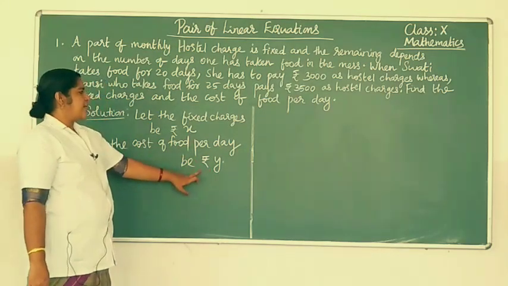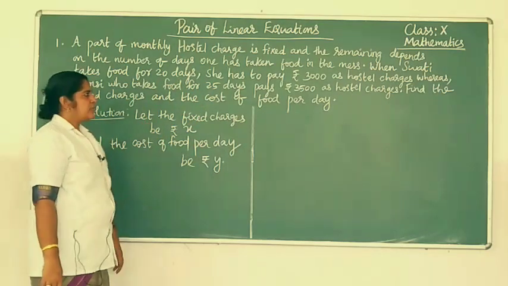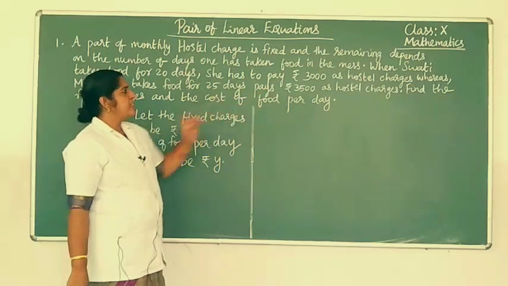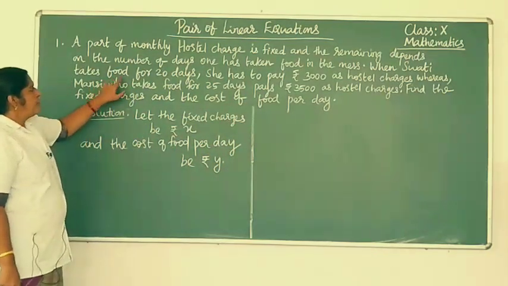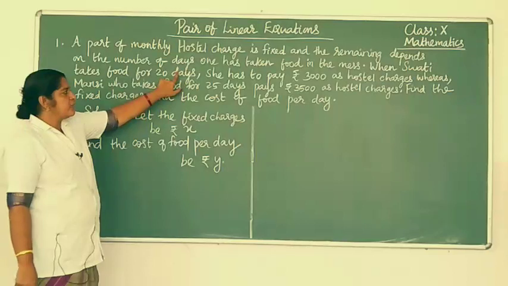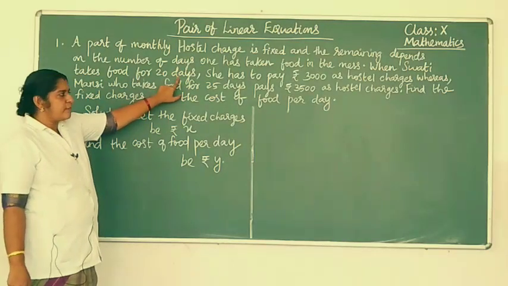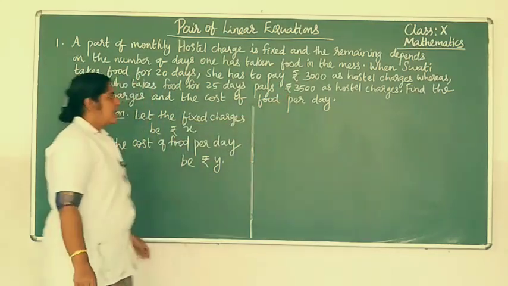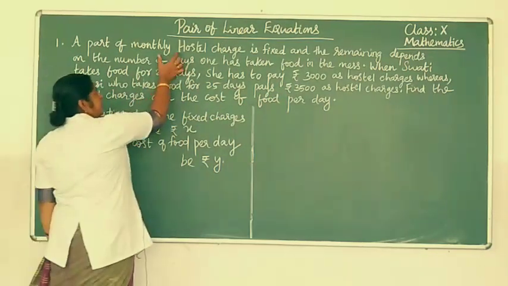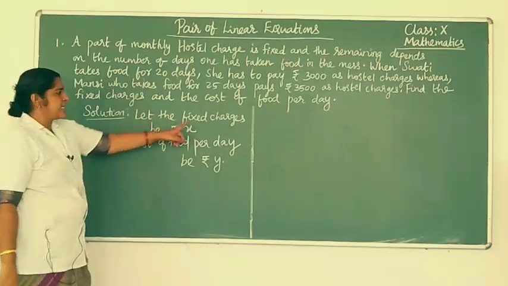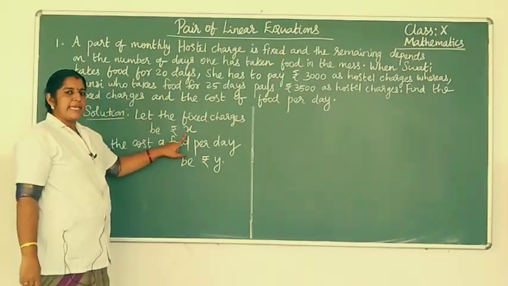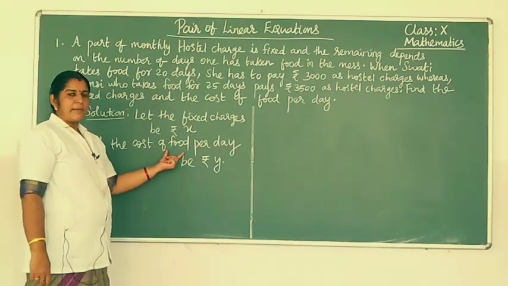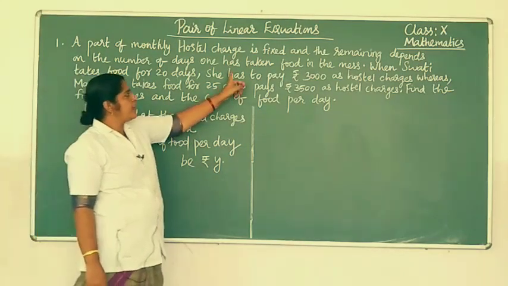Now using these variables we want to form the equations. Yes, now see the case of Swati. The first person, Swati, is paying for food for 20 days, and she has to pay a total of rupees 3000. So together with the monthly fixed charge, which we have taken as variable x, she has to pay the money for food for 20 days.